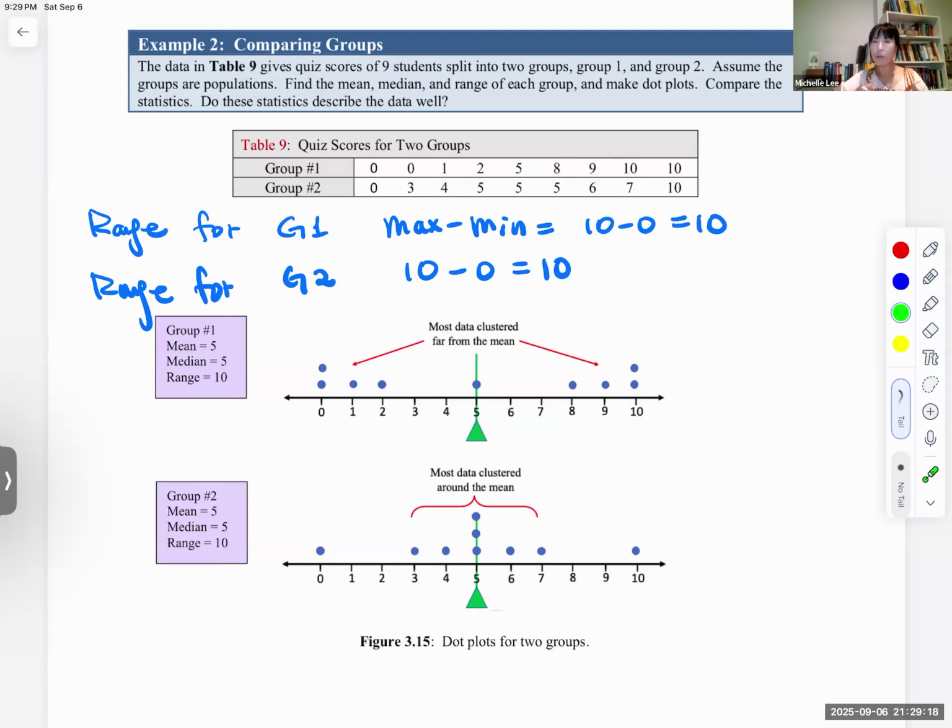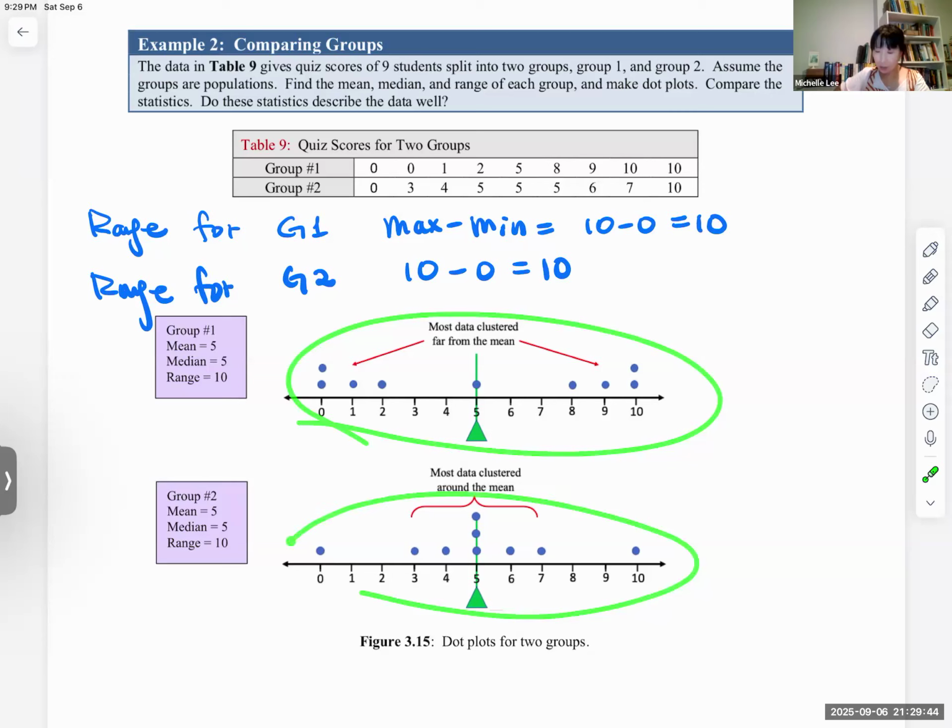Then less spread out, we can say more consistent, about the data, about the scores in this case. Since the range is the same, 10 and 10, do they have the same spread? Let's take a look. Yes, it is the same spread, right?